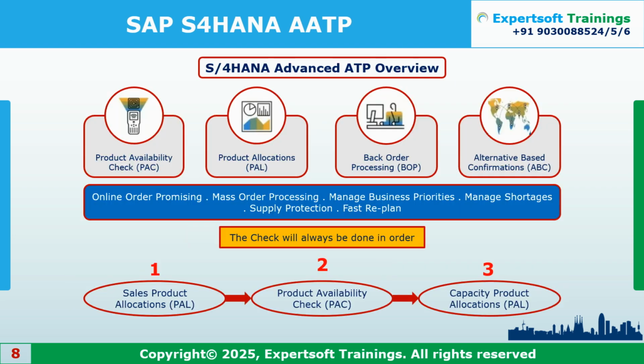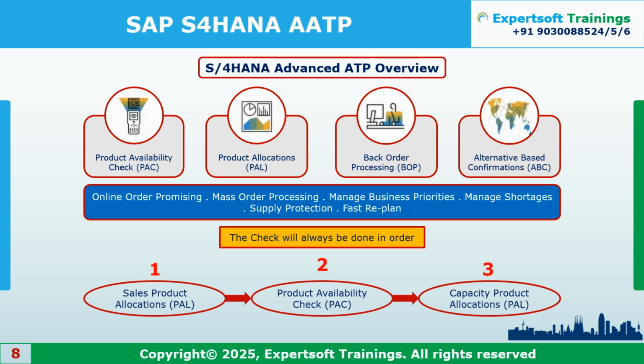So these are the high level major functionalities of the AATP. It provides the PAC, that is product availability check. It provides product allocation, PAL, and it provides ABC, alternative based confirmation, and the functionality of back order processing.